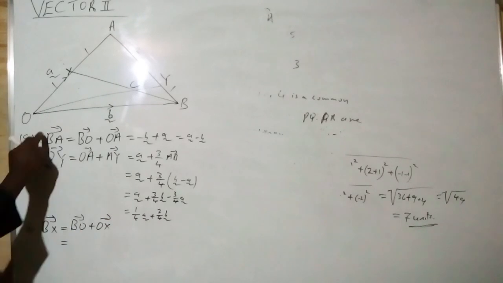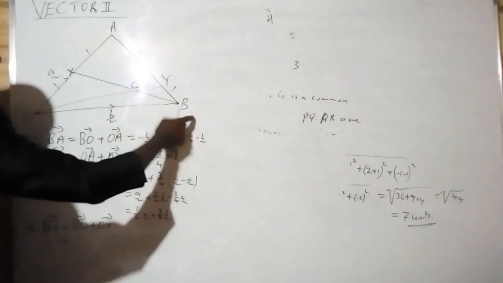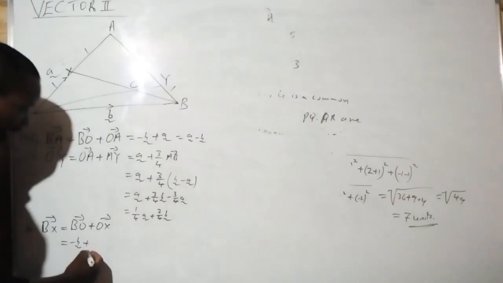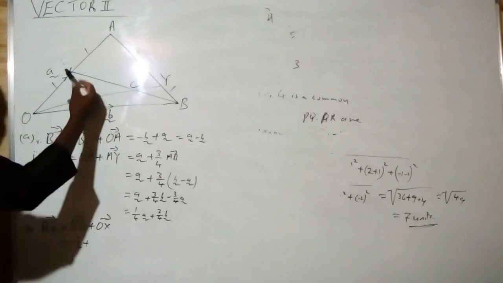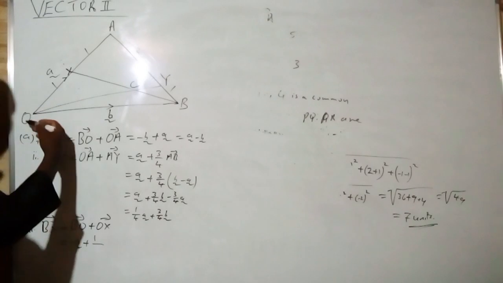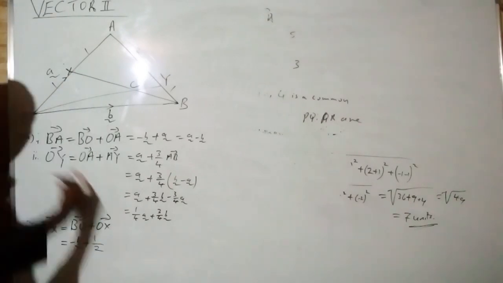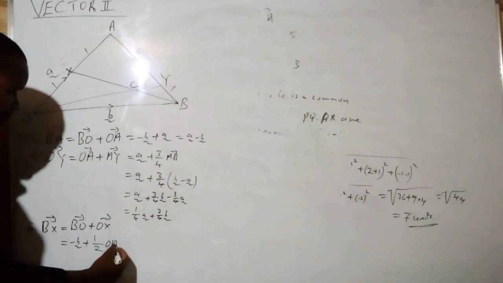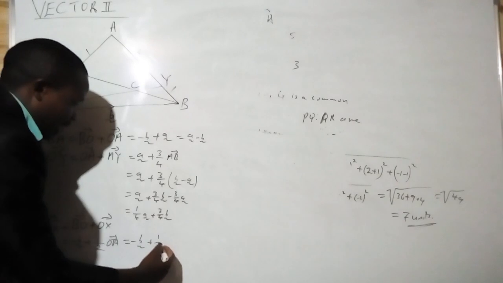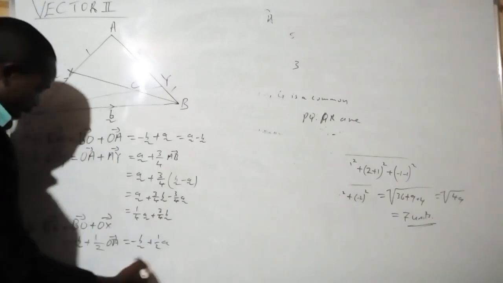BO, from O to B is positive vector B. The reverse of it will be negative vector B plus OX. OX is equal to 1. From O to X in terms of ratio is 1 out of a total. From O to A, it's 1 plus 1 is 2 of OA. And this will be negative B plus a half, but OA is what? It's A. Yeah, that is our BX. Good.